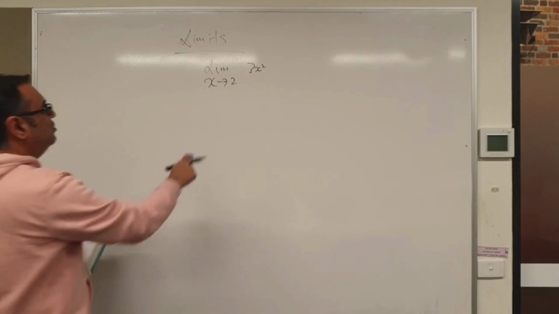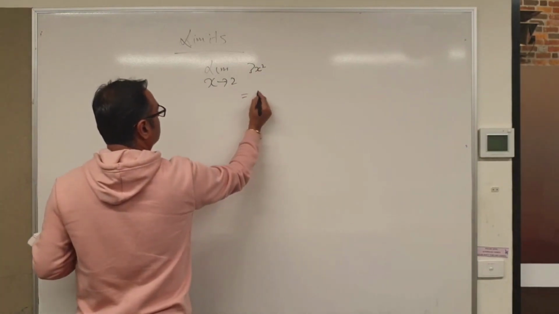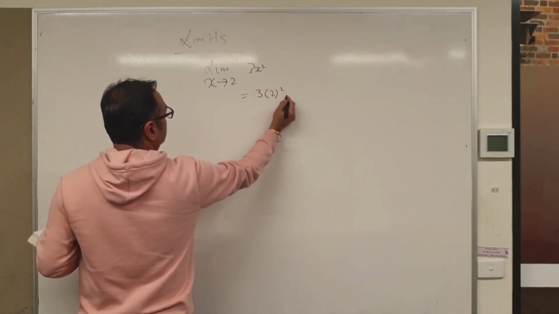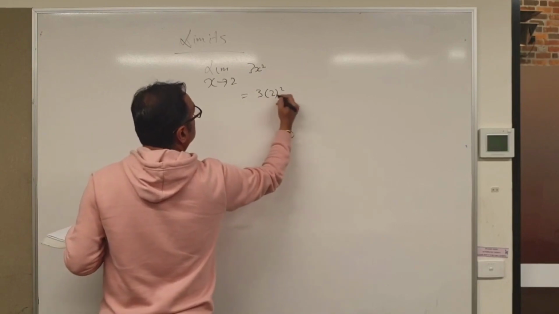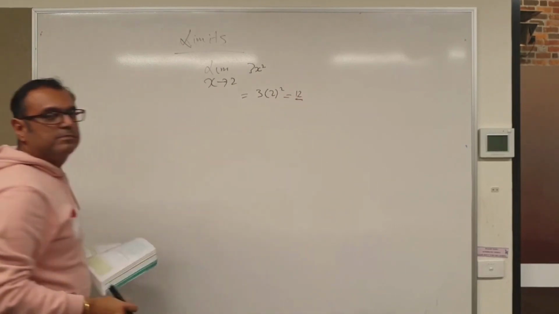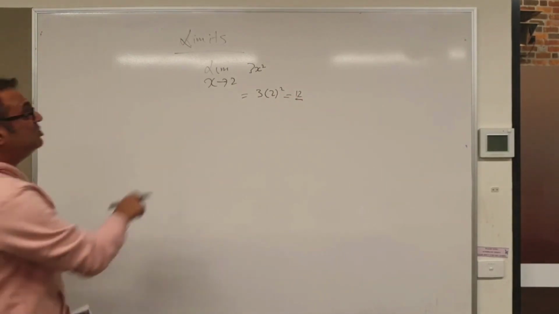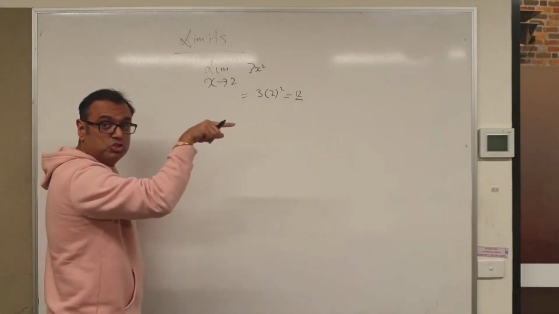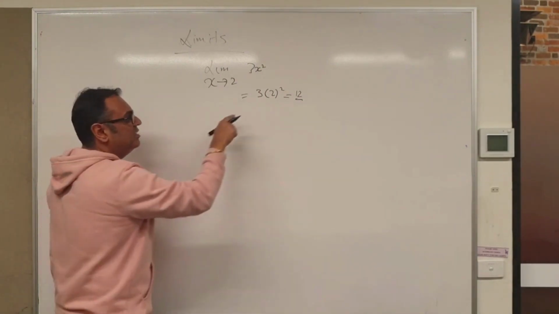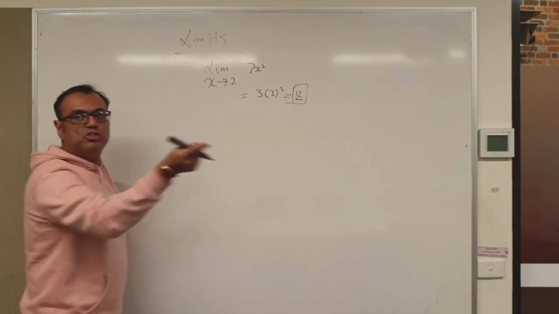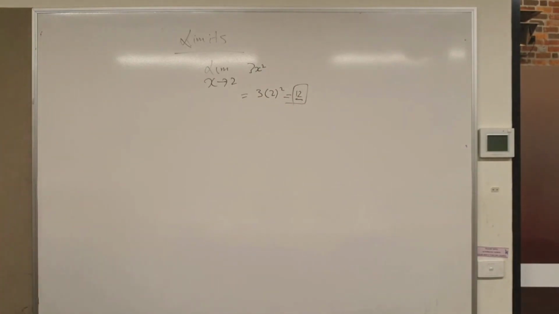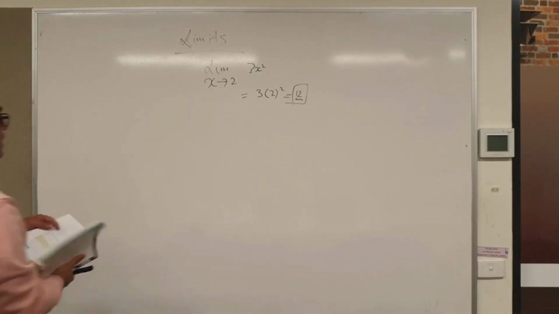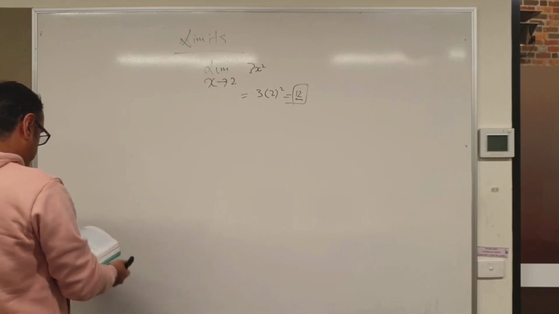That's easy, no? Plug 2 in and find the value, which is 12. So as x approaches 2, the function approaches 12. Now, let's take an example here.